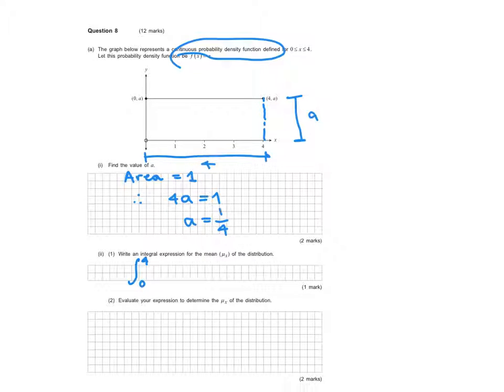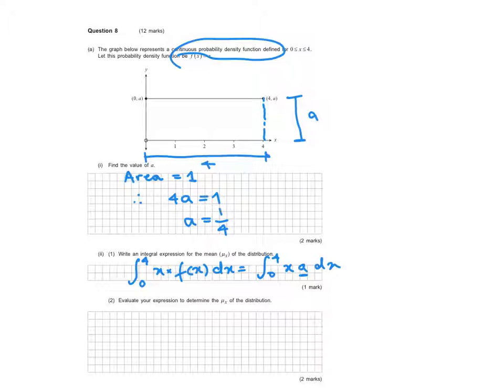To find the mean, we multiply the function by x, so x times f of x dx, and instead of f of x you can write 1 over 4.